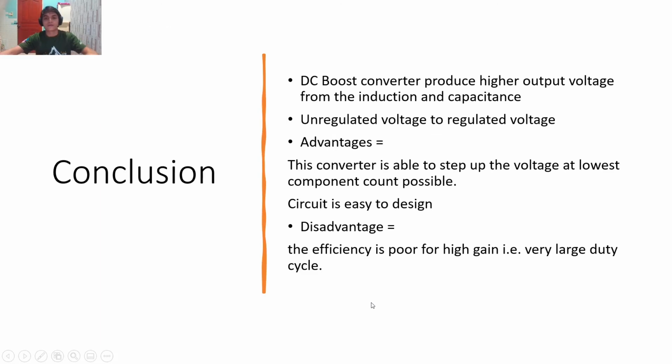That's all for me. We have come to the final part of the presentation, which is the conclusion. In a nutshell, the DC boost converter produces higher output voltage from the inductance and capacitance. This is very important if we want a higher output voltage from the already provided input voltage.